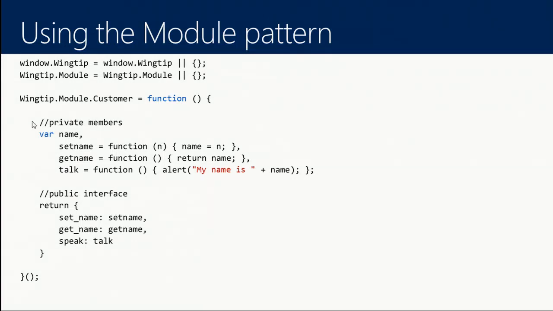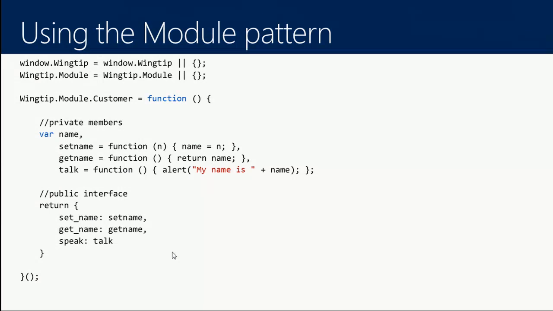And then the public interface is defined by the object that you return, in this case, the object with the keys set_name, get_name, and speak, returning access to the functions setName, getName, and talk. So no direct access in this case, the way this is designed, to the variable name. That's the key thing, right?